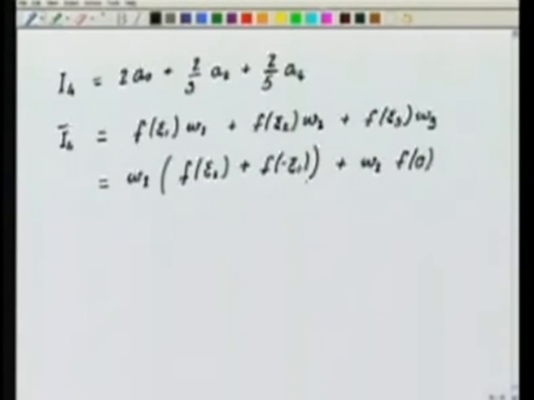Now f at psi 1 plus f at minus psi 1, you see that this is also a symmetric quantity. So this will be equal to 2a0 plus 2a2 psi 1 squared plus 2a4 psi 1 to the power of 4.